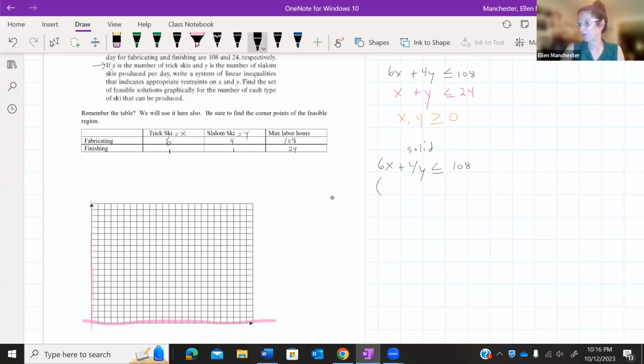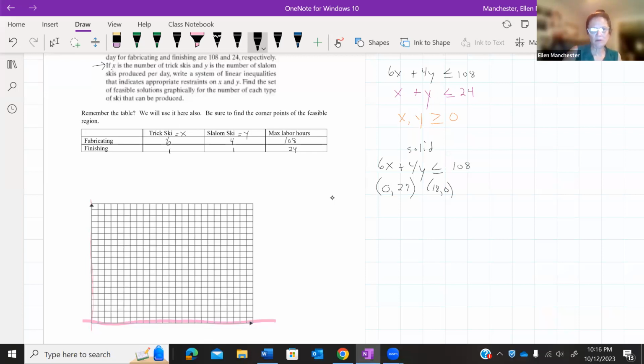So this, you might have to use your calculator. So when x is 0, right? So we're going to cover up the 6x. I get 108 divided by 4 is 27. When I cover up the y, I get 108 divided by 6, which is 18.